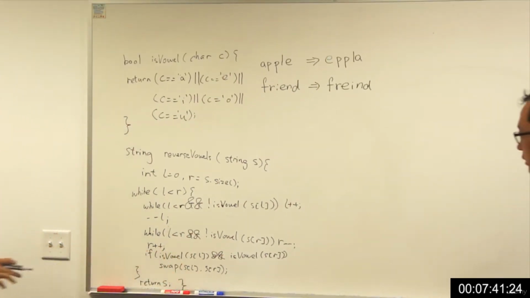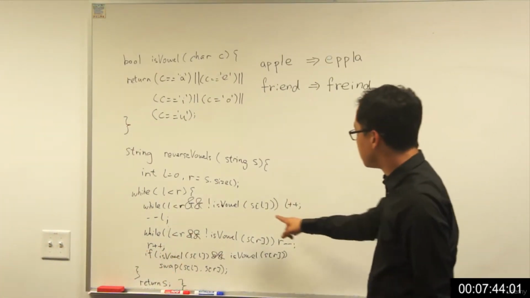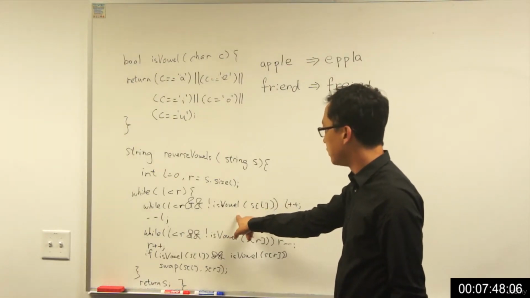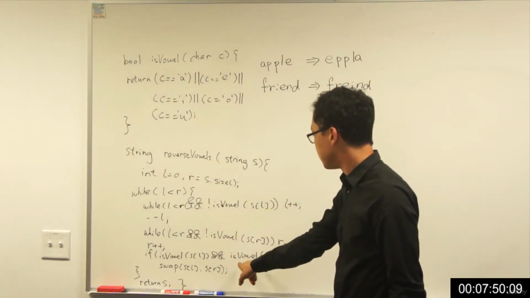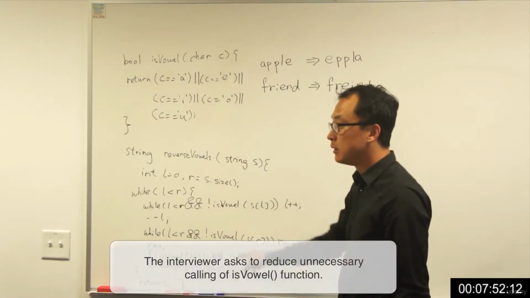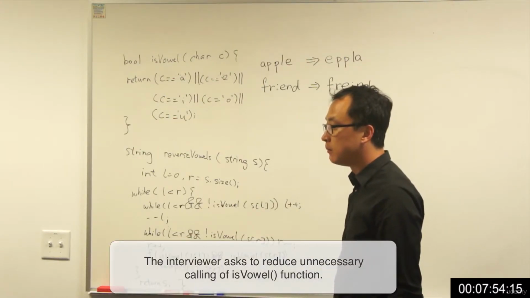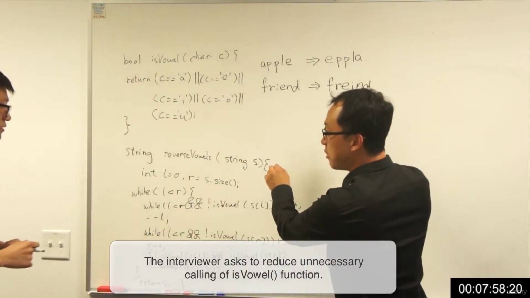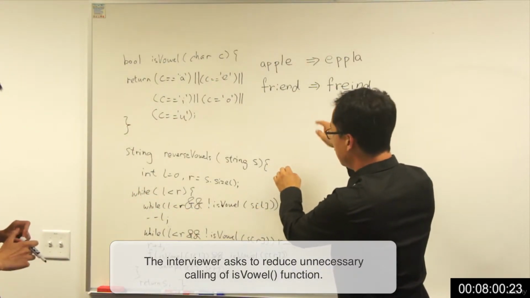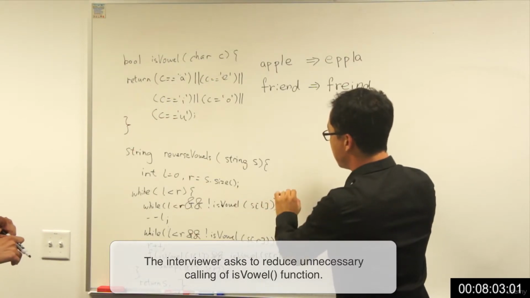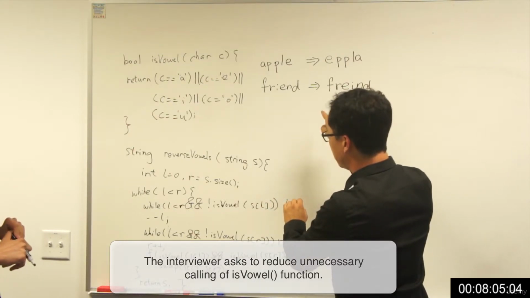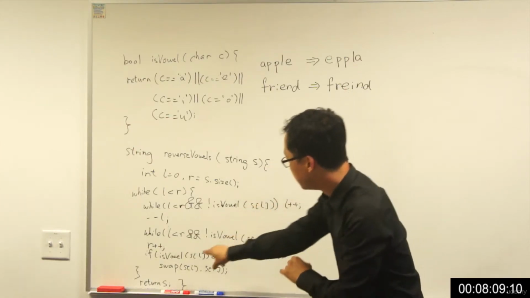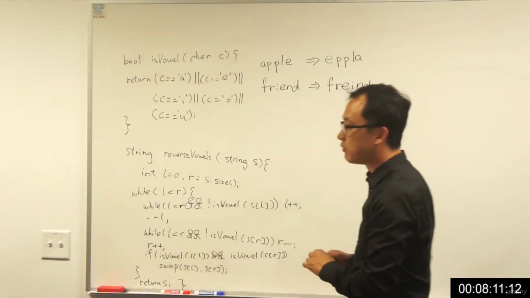Okay, great. So in this case, you called is vowel for the same character twice, right? Here, you just check every character if this is a vowel or not. If it's a vowel, the index L will be pointing to the vowel character. And again, for the same vowel character, you're going to call this is vowel function again, right?